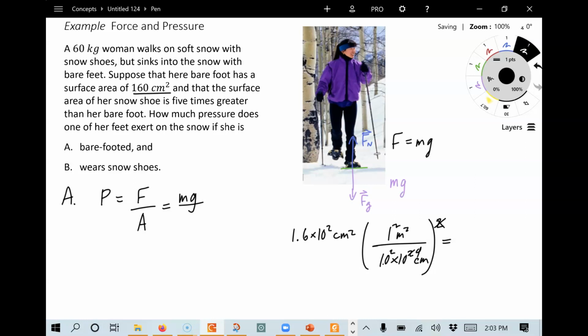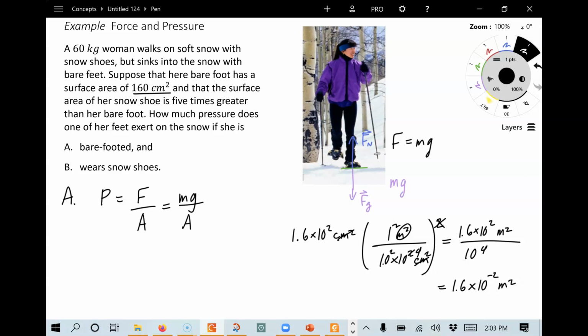So we have 1.6 times 10 to the second centimeters squared, the centimeters squared cancel, and we're left with meters squared, divided by 1 times 10 to the fourth. Bring that 4 up, make it negative. That's going to give us 1.6 times 10 to the 2 minus 4, or 10 to the minus second, meters squared.